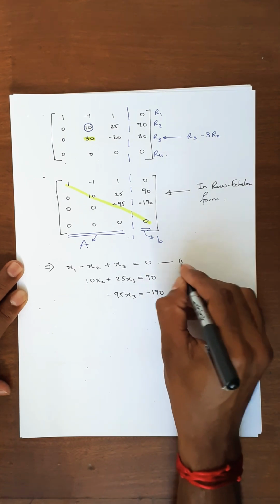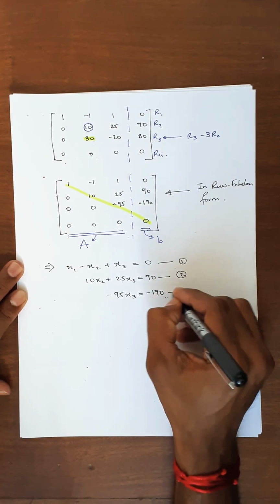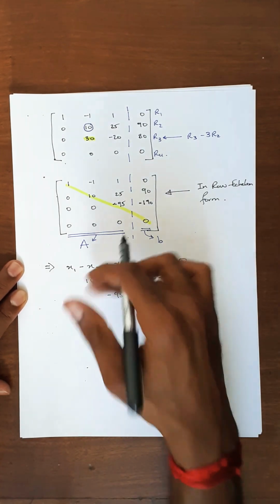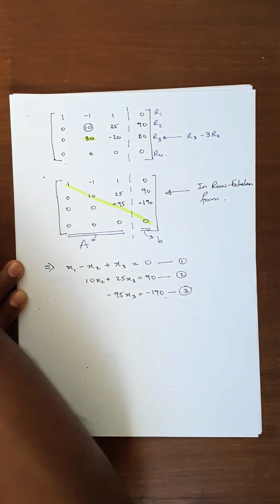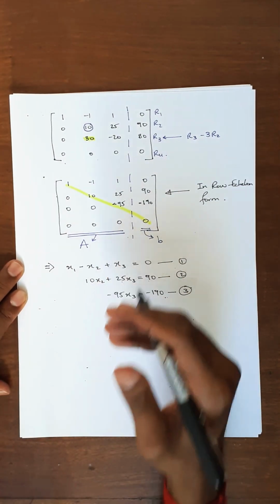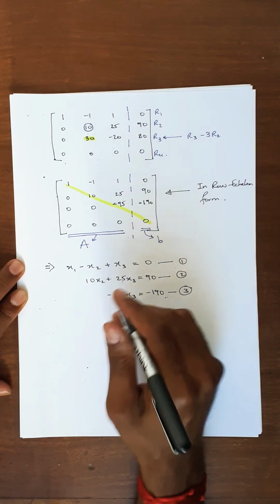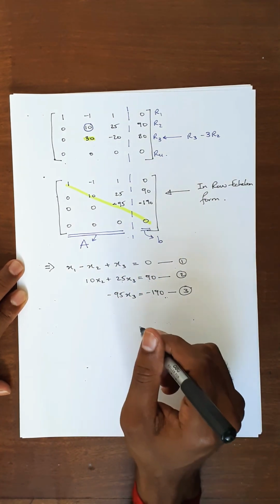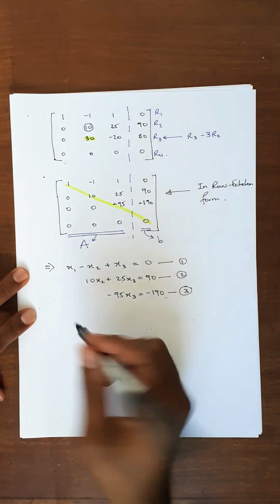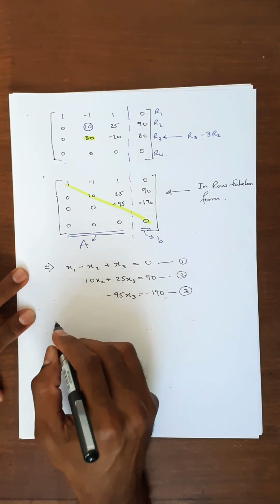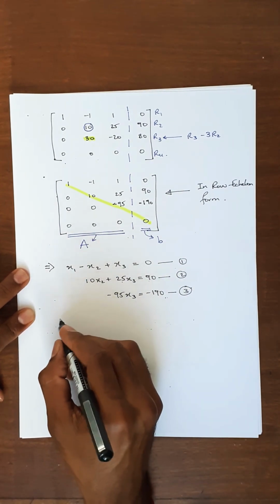Here is your free equation. So you see now this is easier to solve. You just need to solve it using back substitution, and then you obtain your answers for the unknowns. I've already done that. You can just do it and verify your answers. I don't want to waste time.